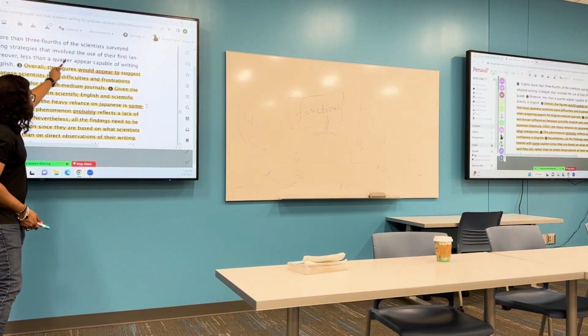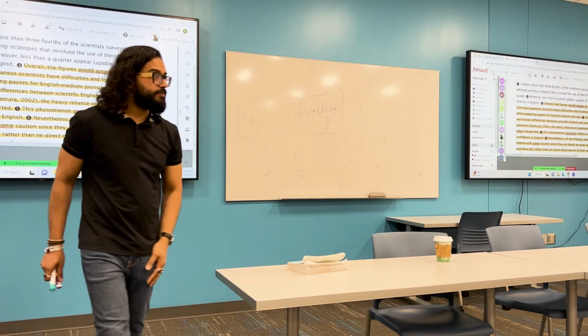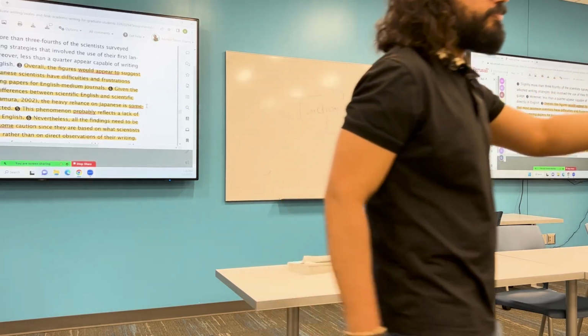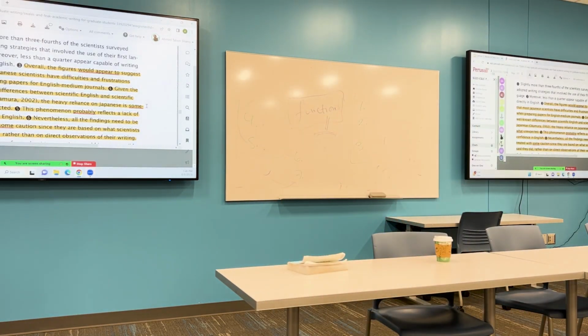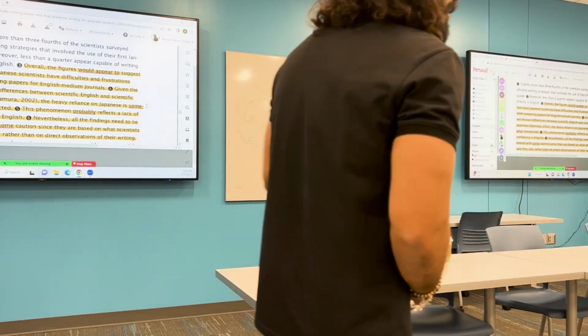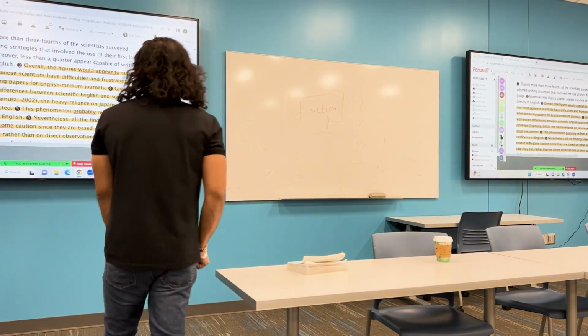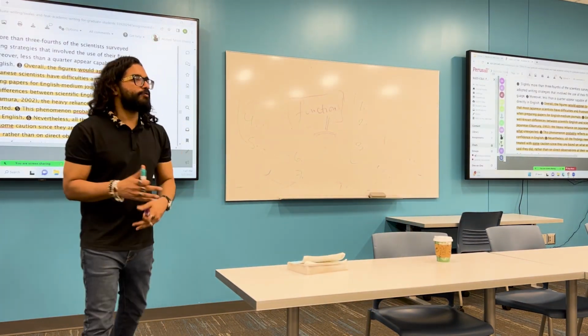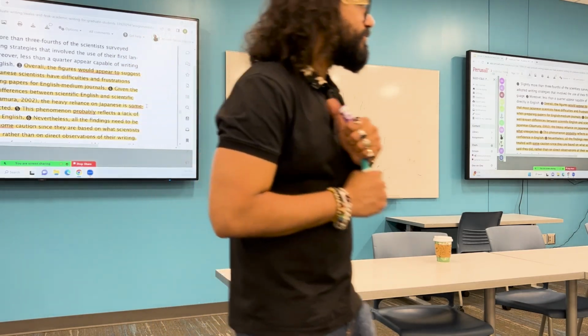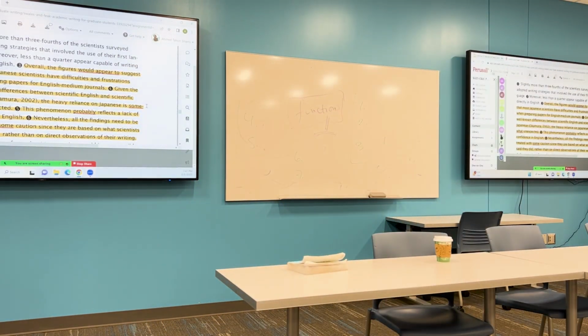The second sentence also, "less than a quarter," has the same structure. So that's highlighting statement 2, another key finding. Let's see what you guys find out from 3 to 7. Done?